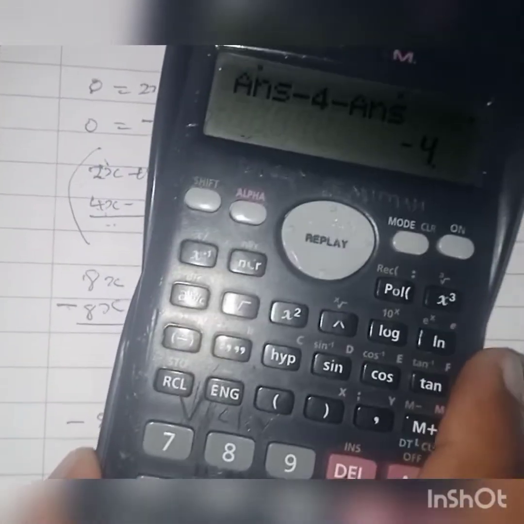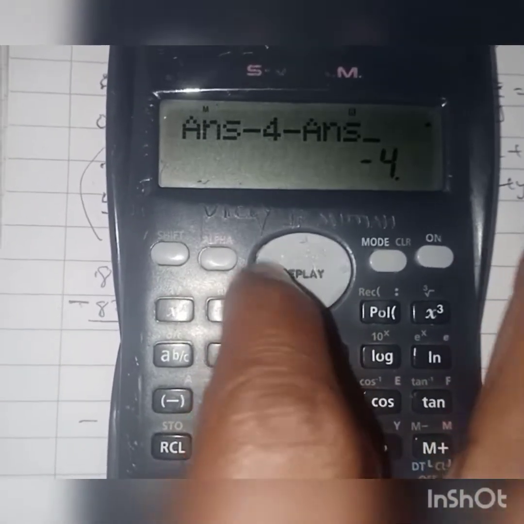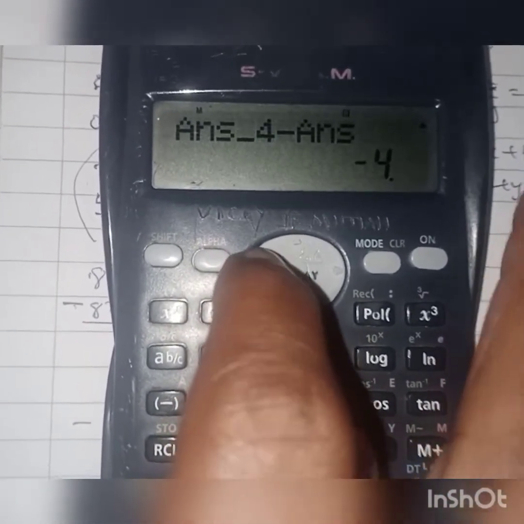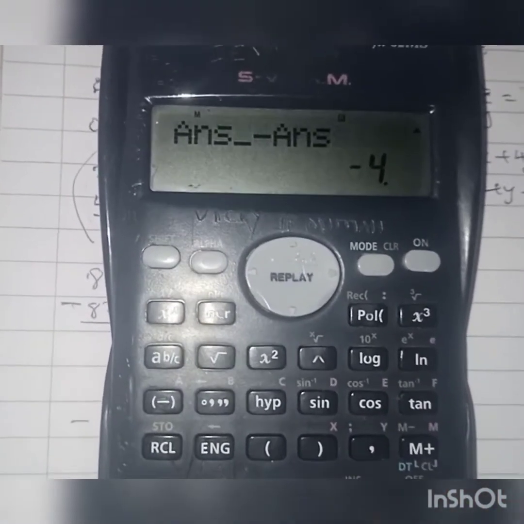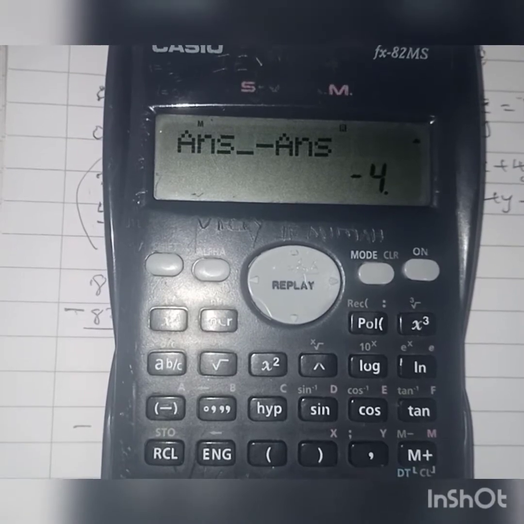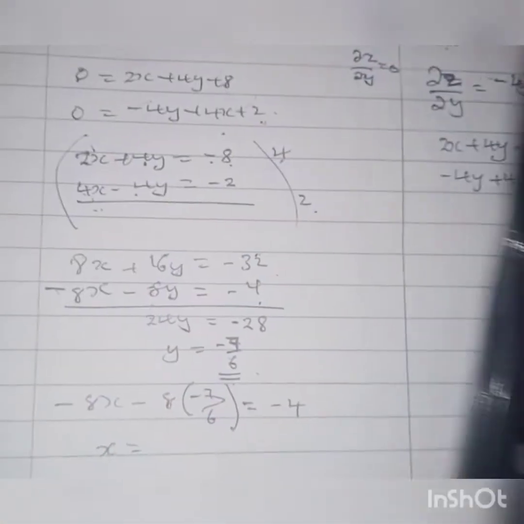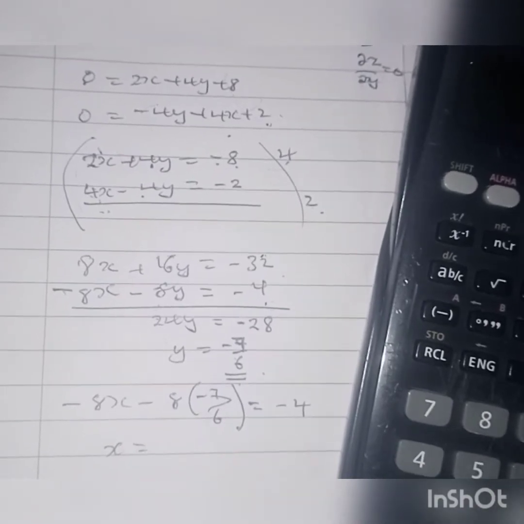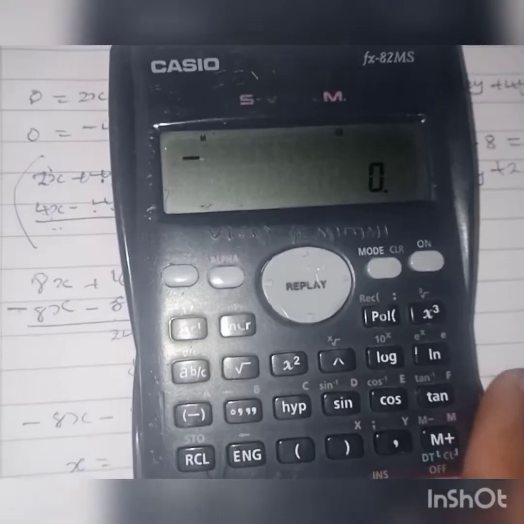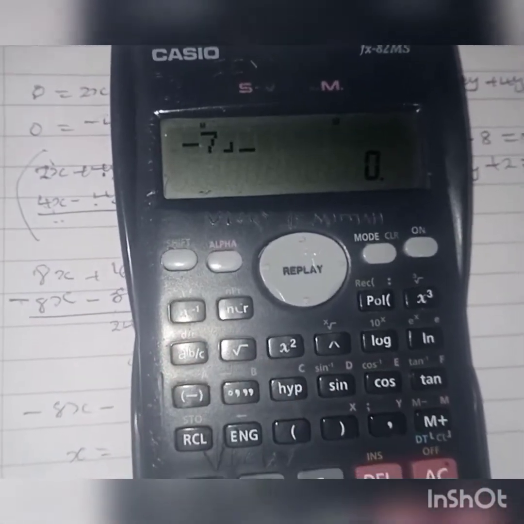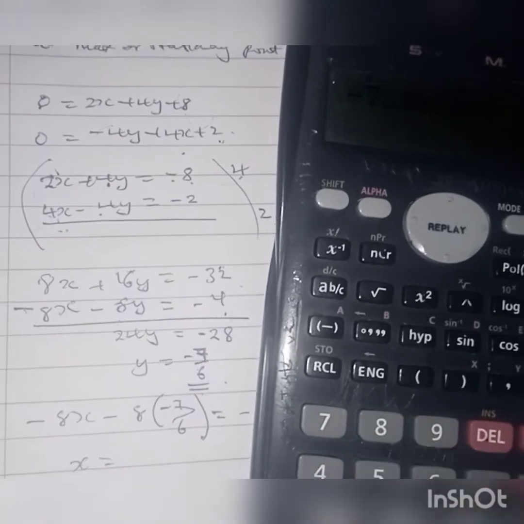No, we instructed the calculator wrongly. So let's delete the first answer. We said answer there, so just delete this one. Let's repeat this again. It is minus 7 over 6 multiplied by minus 8.